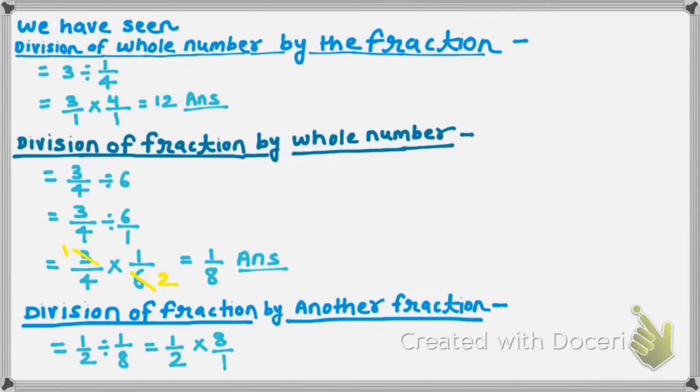Okay, so we need to reduce now. So 8 will be reduced by 2 four times and 2 one time. So 4 into 1 will become 4, and 1 into 1 will become 1, so it will become 4 by 1. 4 by 1 is nothing but 4, so our answer will become 4.